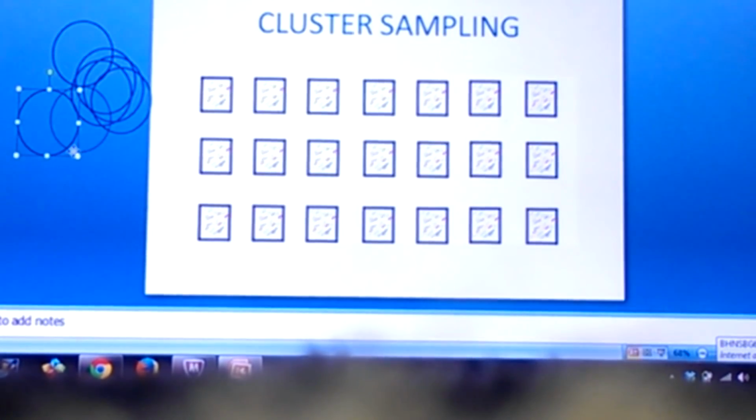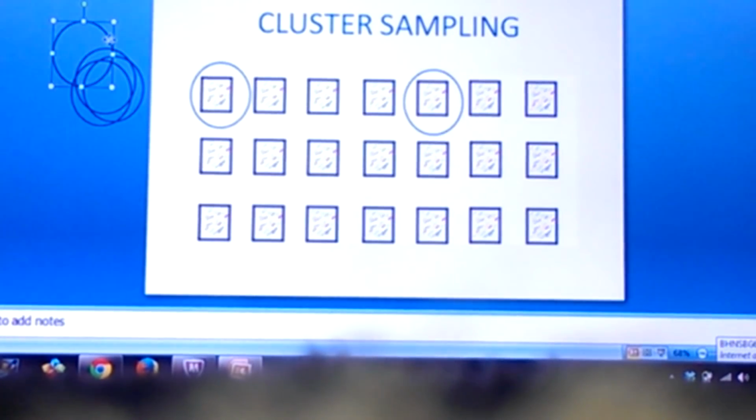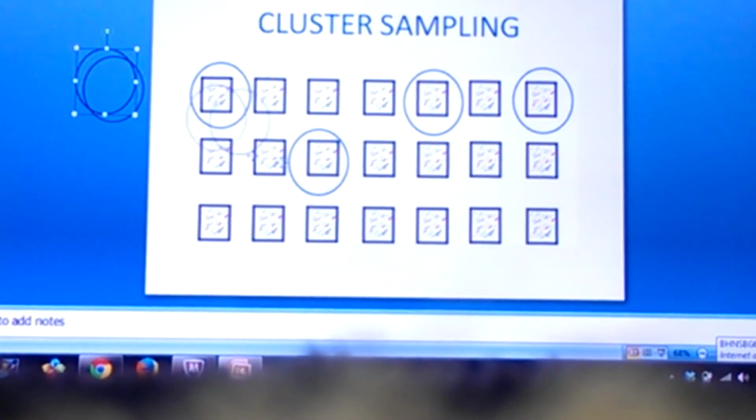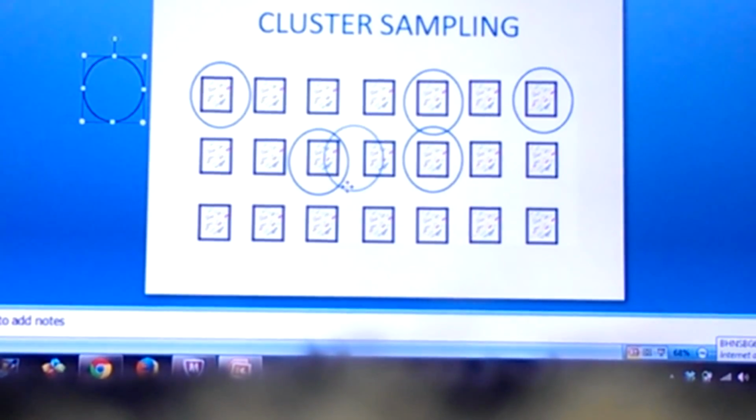So, say for instance, business 1 was chosen, business number 5 was chosen, business number 7 was chosen, number 10, business number 13, and business number 24.